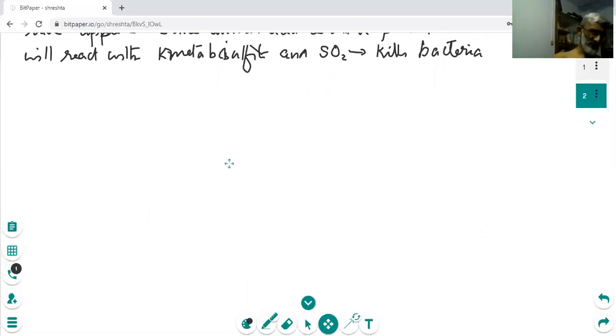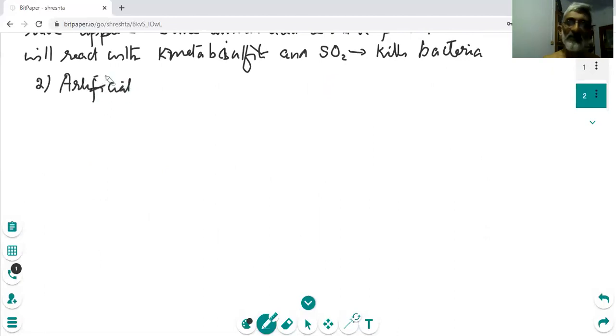So this is the first class of compounds which are known as preservatives. Now let us look at the second type of food additives, artificial sweeteners.